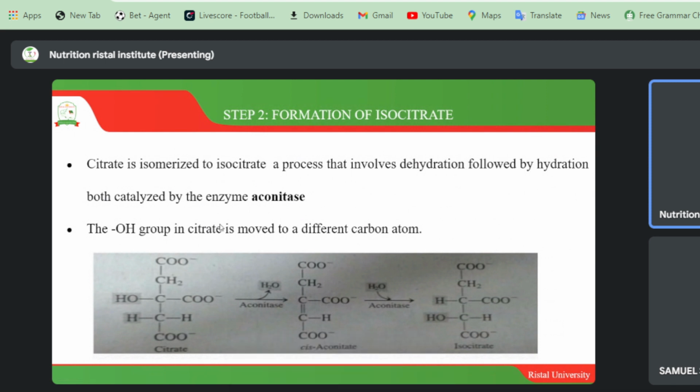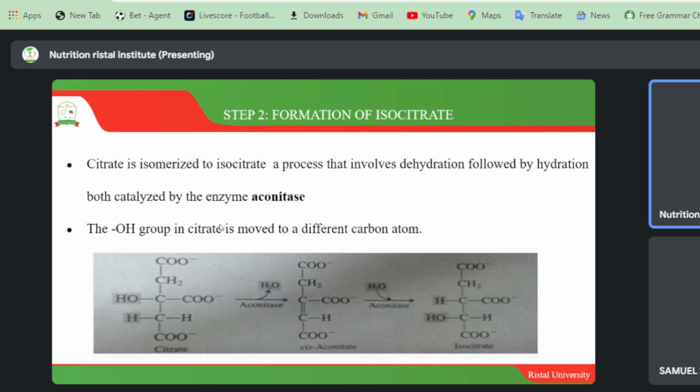So you have citrate, you remove water from it. That is what you call a dehydration reaction, and then you form the cis-aconitate. After forming the cis-aconitate, we can now hydrate it and add back our water. And both steps, the dehydration and the hydration, are catalyzed by the same enzyme called aconitase.